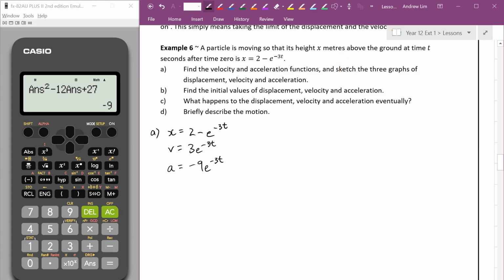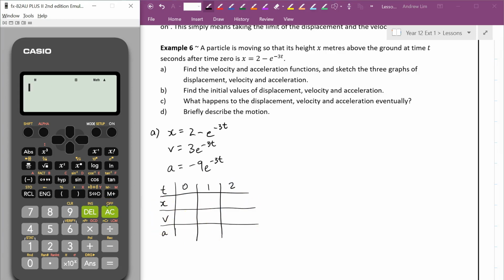Now, the easiest way for me to do this is probably to do a table of values. So I'm just going to do a table of values: displacement, velocity, and acceleration. We'll do that when t is 0, 1, and 2. I think that should be enough for us to determine what we need to graph.